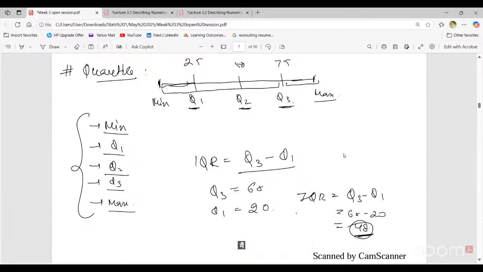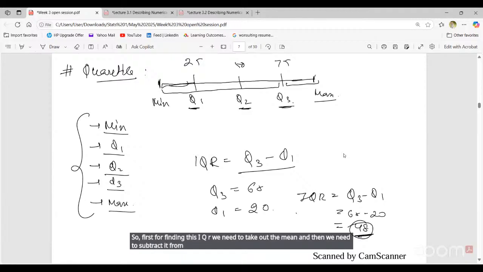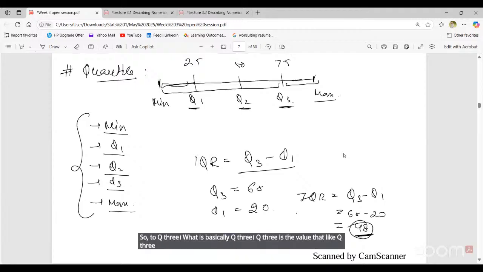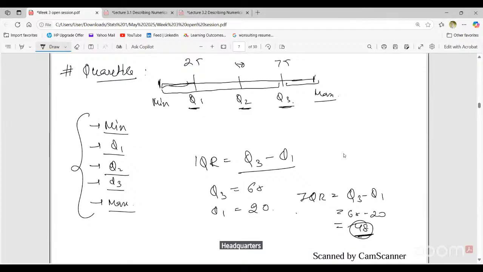Ma'am, for finding this IQR, we need to take out the mean, and then subtract Q1 from Q3, right? What is basically Q3? Q3 is the value at three-fourths of the total, the third quartile, and Q1 is one-fourth of the total, the first quartile.